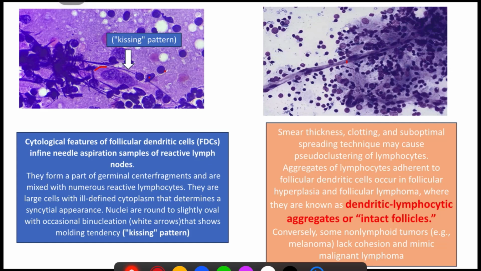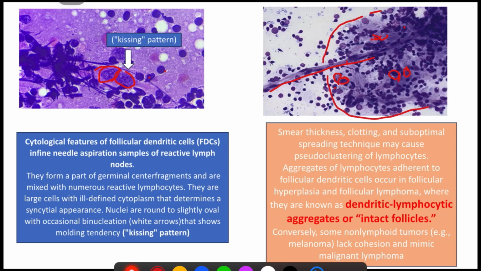The nuclei are round to slightly oval, sometimes binucleated, and show molding. This is called the kissing pattern. They are generally seen as a pair, right? When along with this, an excessive number of follicular dendritic cells, endothelial fragments and attached lymphocytes are present, it is called a dendritic lymphocytic aggregate or intact follicle.